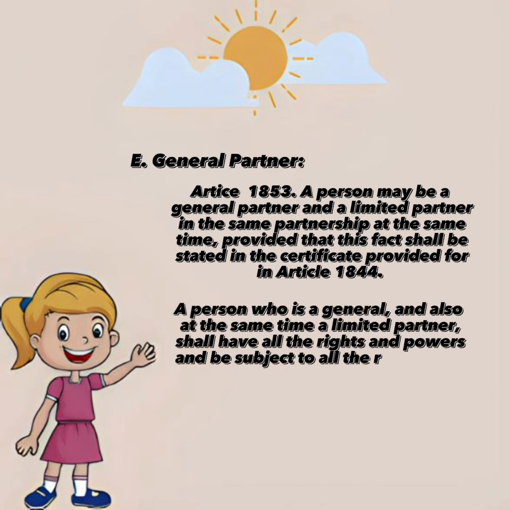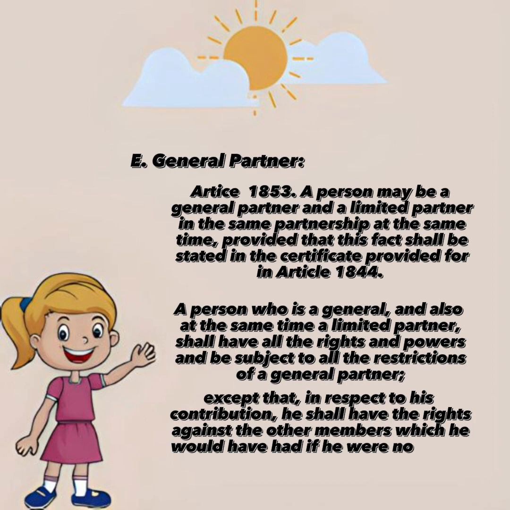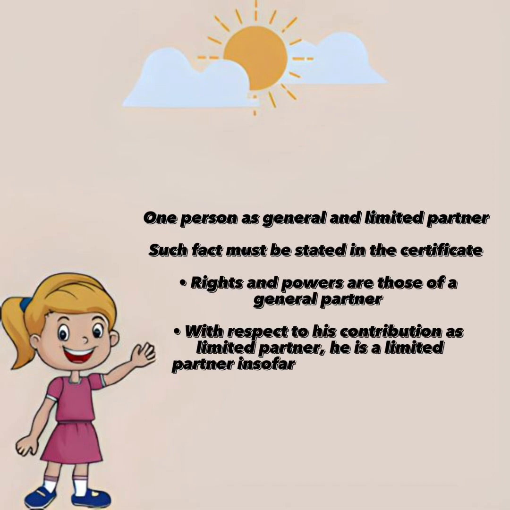A person who is a general and also at the same time a limited partner shall have all the rights and powers and be subject to all the restrictions of a general partner, except that, in respect to his contribution, he shall have the rights against the other members which he would have had if he were not also a general partner. One person as general and limited partner: such fact must be stated in the certificate. Rights and powers are those of a general partner.